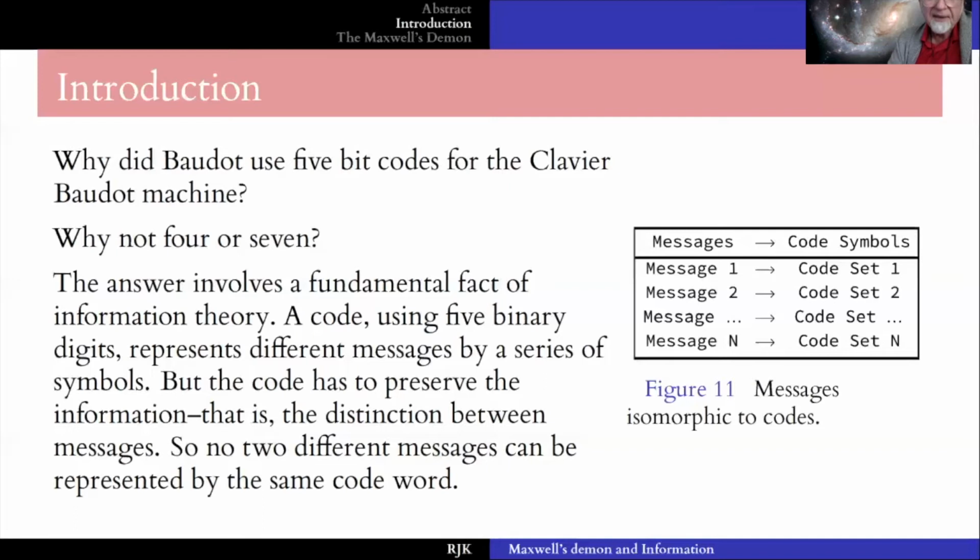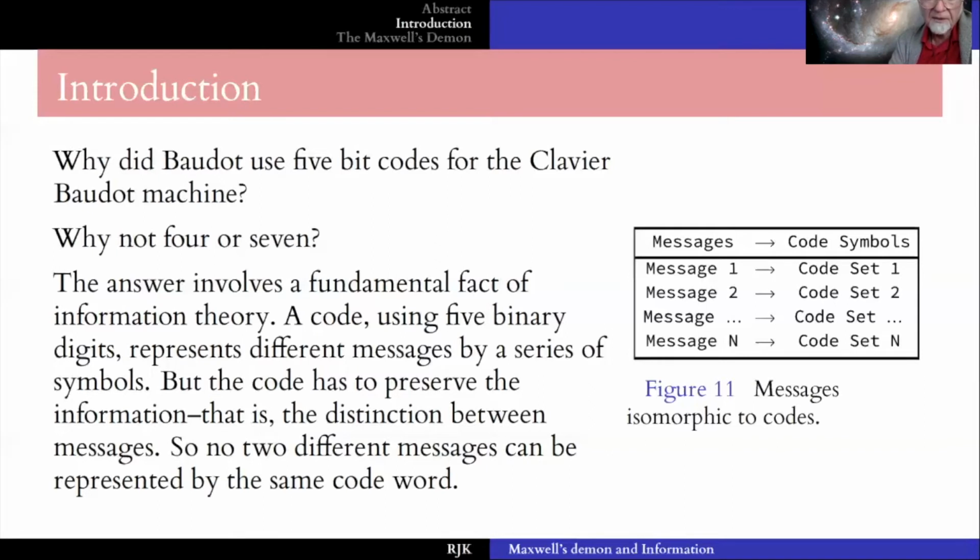The answer is more fundamental, especially in information theory. A code using 5 binary digits represents different messages by a series of symbols.